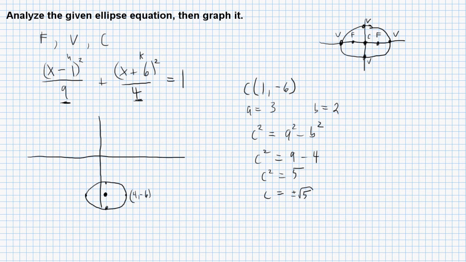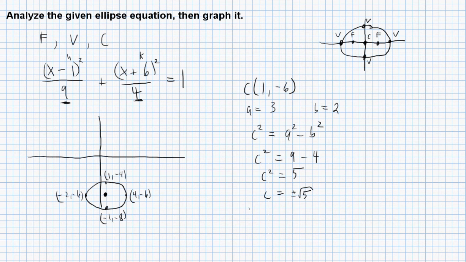These coordinates, as you can see, are going to be 4, negative 6. This is going to be negative 2, negative 6, the other vertex. Over 1, down 4, 1, negative 4 is that vertex, and 1, negative 8 is that vertex. So that'll allow us to make a list over here, and we're going to list the vertices.